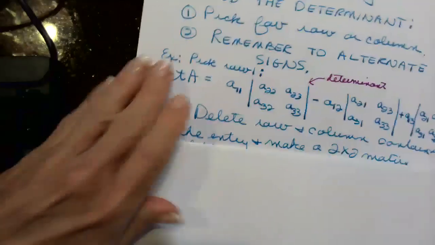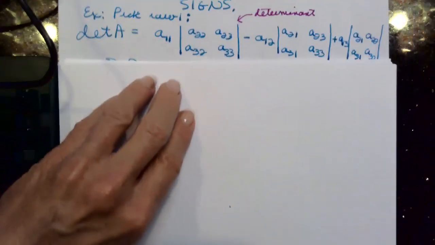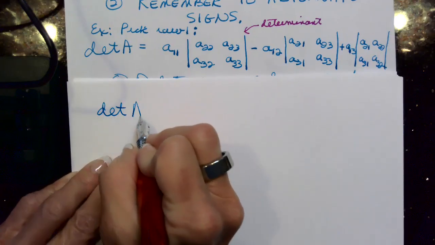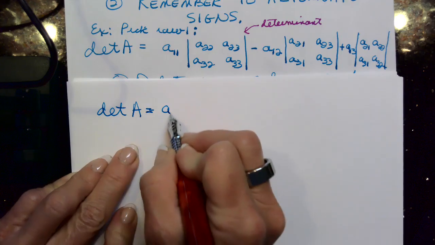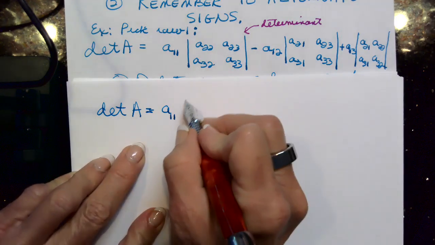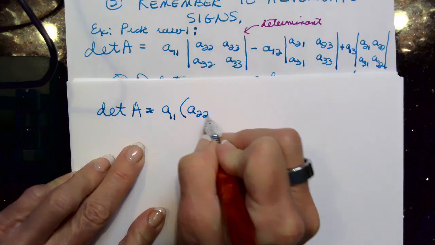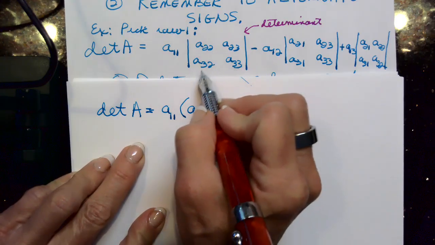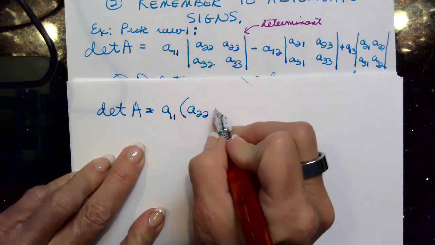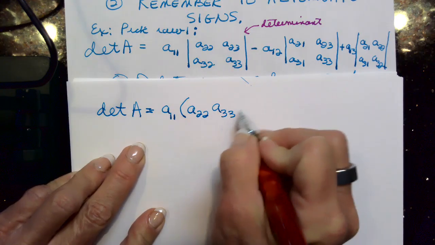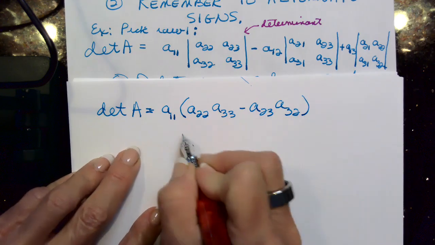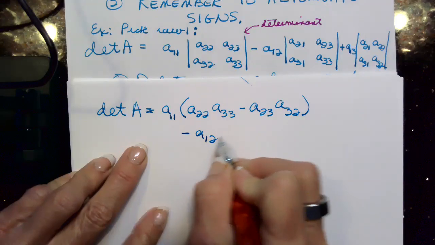So the determinant of A is going to be A11 times the determinant of that 2x2 matrix, which we know from last time, or the last video, is you take the product along the diagonal minus the product along the other diagonal. So it's A22, A33 minus A23, A32. And then I have minus A12.